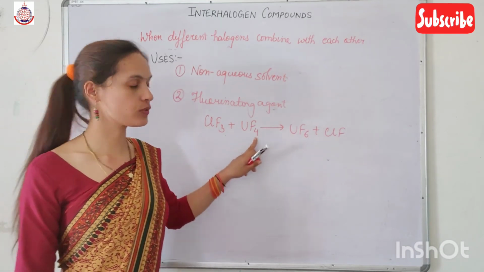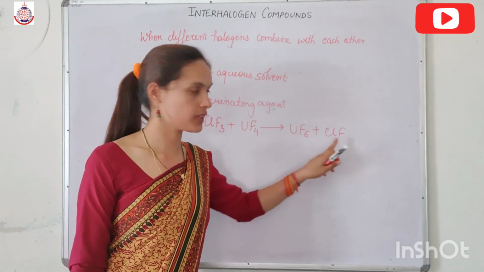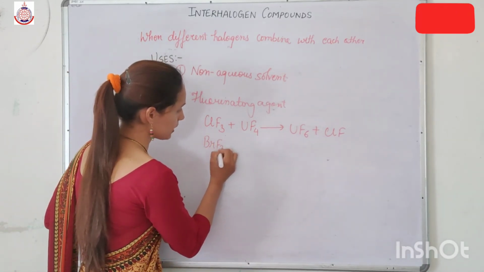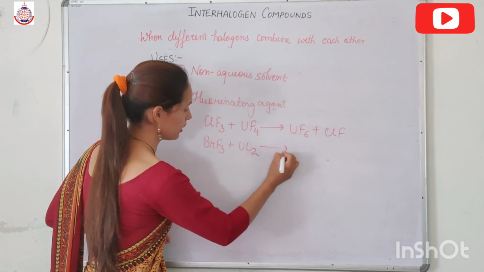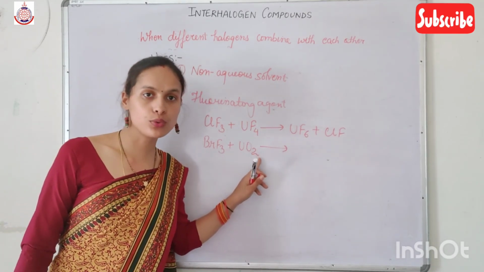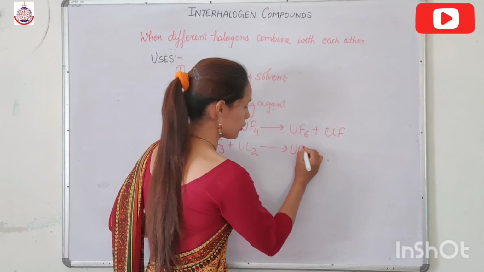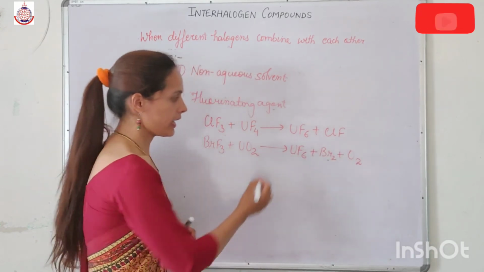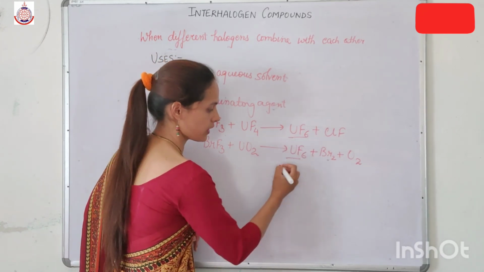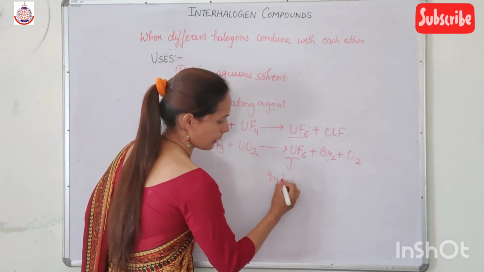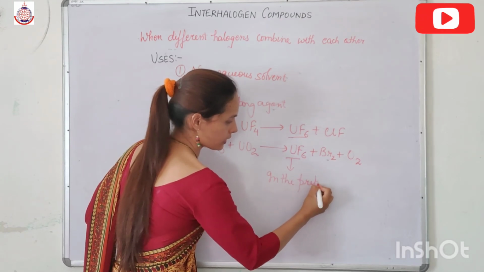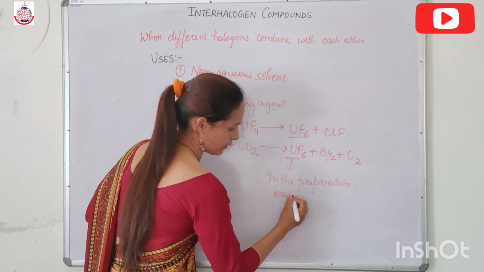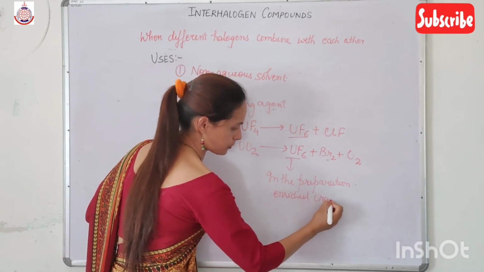Similarly, when BrF3 reacts with UO2, then also we get UF6 plus Br2 plus O2. And this UF6 is used in the preparation of, or in the manufacture of, enriched uranium fuel.